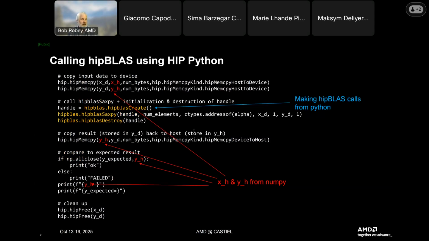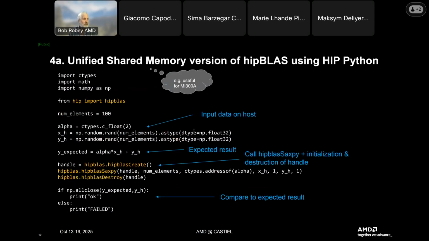So we have to create the BLAS handle, run the saxpy, and then destroy the handle. Copy the memory back. Now, there's a lot of memory movement in here, and much of this can be skipped if you're on an MI300 GPU.